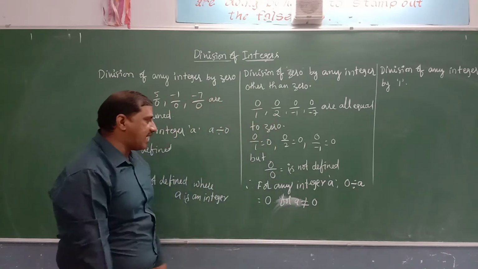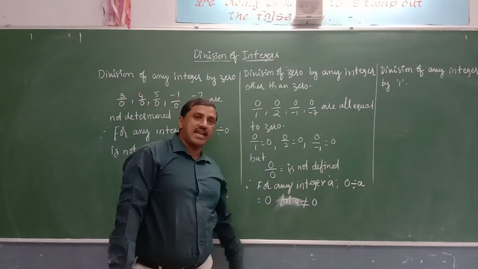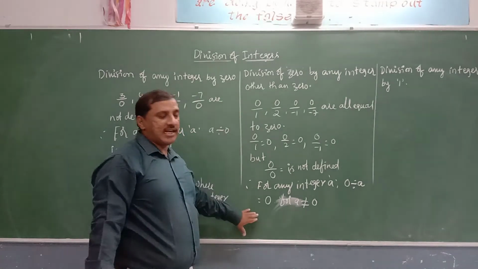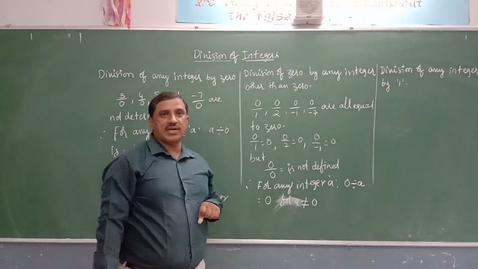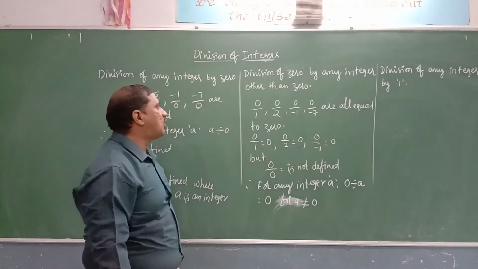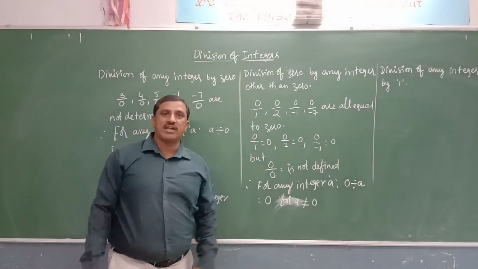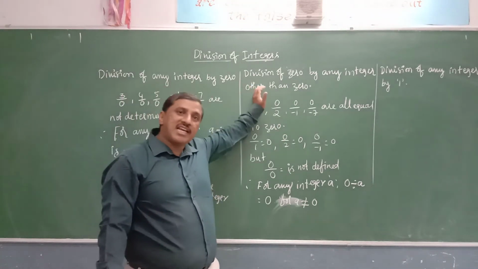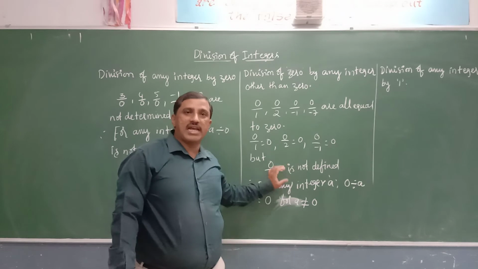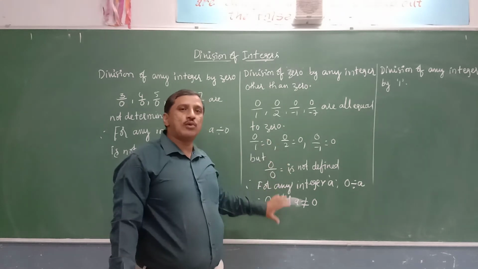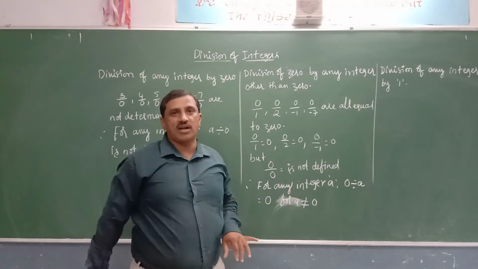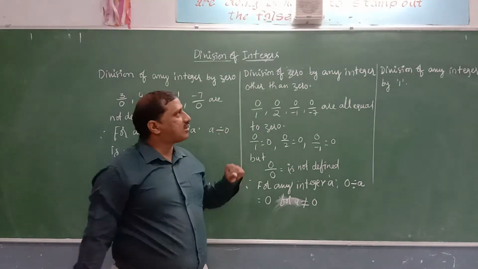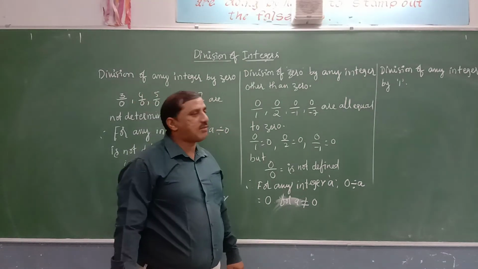If a is not equal to 0 and a can take any integer, then 0 by any integer is always 0, like 0 by 1, 0 by 2, 0 by minus 1, 0 by 100, 0 by minus 1000 is also equal to 0. But 0 by 0 is not defined. Now what about division of any integer by 1?